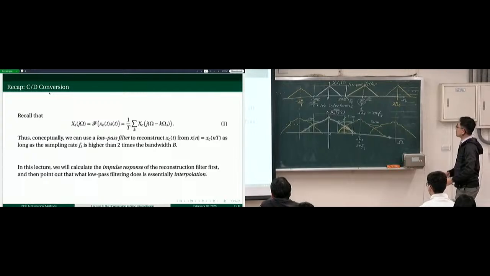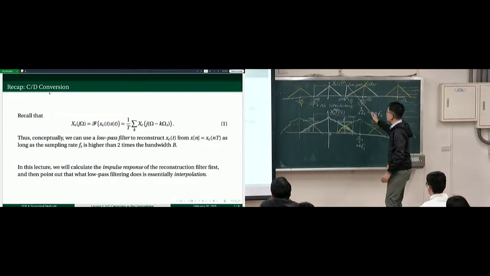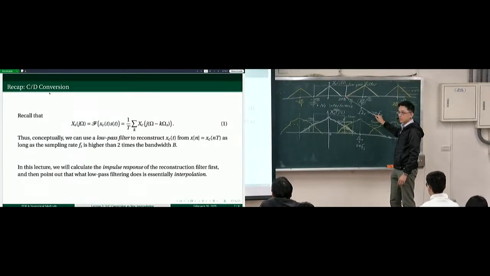So we are going to look at this desired frequency response. This low pass filter is ideal with a perfect cutoff right at Nyquist. Let's put aside whether or not this is possible in practice.